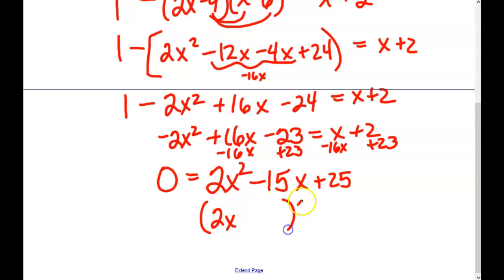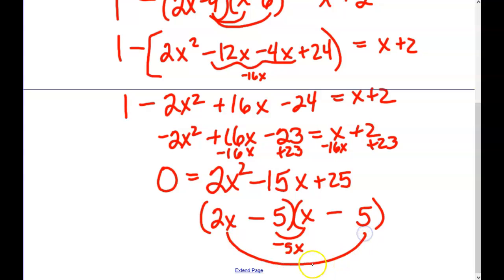Okay, I have a 2x and an x. 5 and 5? I don't know a lot of other factors for 25, right? I think that actually works because this is a negative 5x and this is a negative 10x, which should give us the negative 15 in the middle. So what do we get out of that disaster, guys?